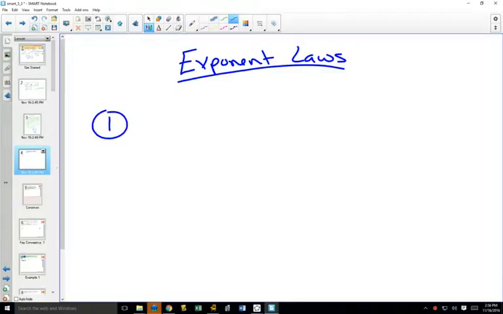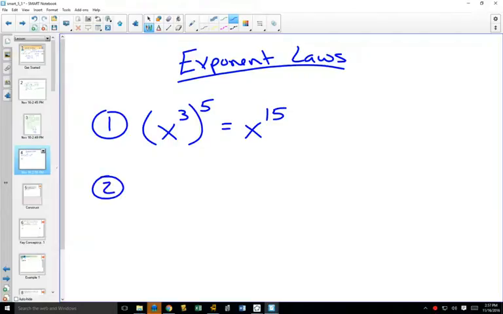Okay, so if you have a power to a power, so if I have x cubed to the power of 5, that's a power to a power, then you multiply your powers and you get x to the 15. That's one of our exponent laws. Good. What's another one? Quotient law. So if the bases are the same and you're dividing, what do you do to your exponents?